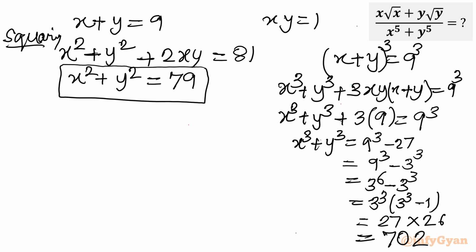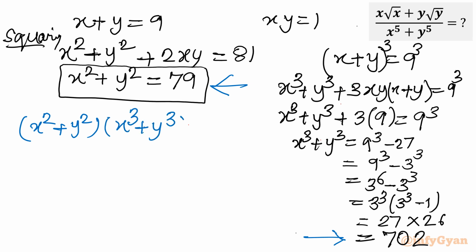Now x cube plus y cube is known and x square plus y square is known, so it is easy to find x power 5 plus y power 5. Now I will take the product of these two equations. I will write (x square plus y square) times (x cube plus y cube) equal to 79 multiplied by 702.